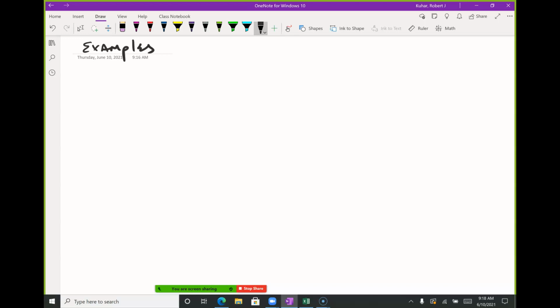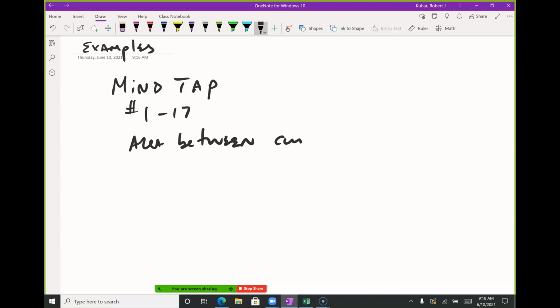So in MindTap, we got number 1 to 17. This is area between curves. And then number 33 to 39 is parametric.